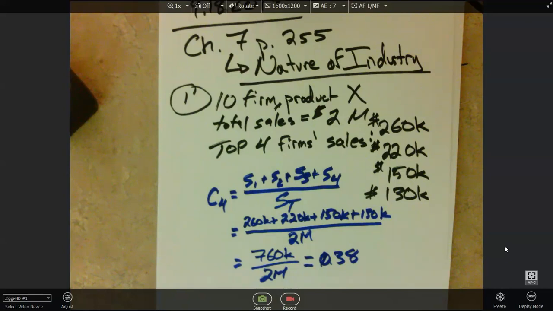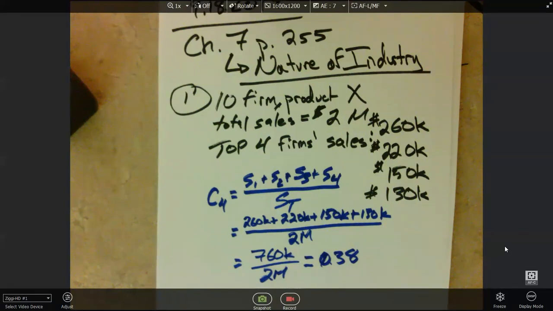It will specify. There can be other concentration ratios, but the top 4 is the most common one. It's the only one that the book has bolded. So for the test, it'll be either the 4-firm concentration ratio or the HHI, which we're going to go over next.